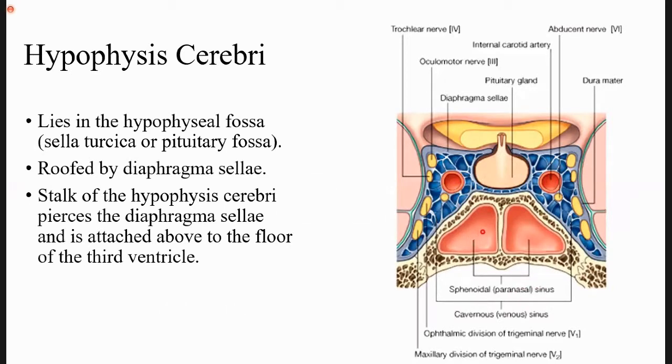These are air-filled sinuses, which open into the nose, and above these sinuses is the sella turcica, which lodges this pituitary gland.